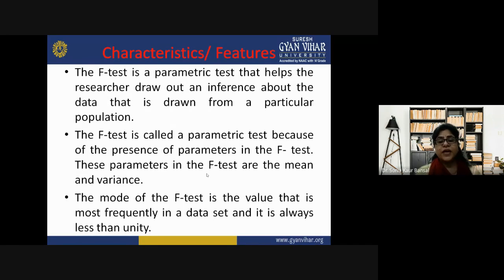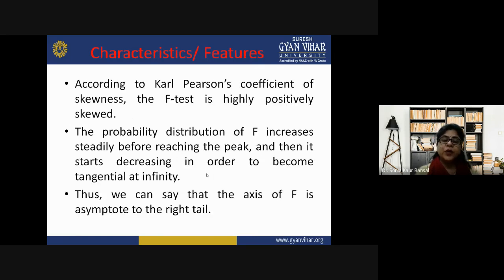The mode of the F-test is the value that is most frequent in a data set, and it is always less than a unit. Now, another important feature, according to Karl Pearson's coefficient of skewness, the F-test is highly positively skewed.